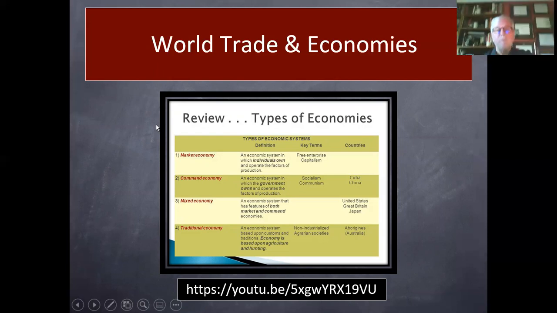Market economies, which is pure, free enterprise capitalism. There's a command economy, an economic system in which the government owns the operations and the factors of production. This is socialism and communism.